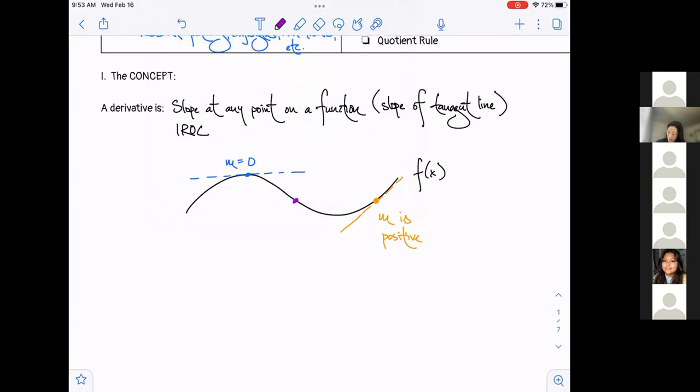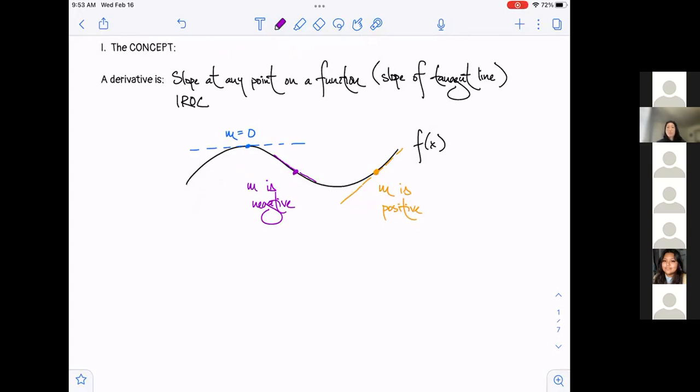Yeah, this is going to have a negative slope. Okay, I don't know what it is, but I do know that it's going to be negative. And so we could say m is negative. Okay. So some words to think about what a derivative is, some pictures to help support that.